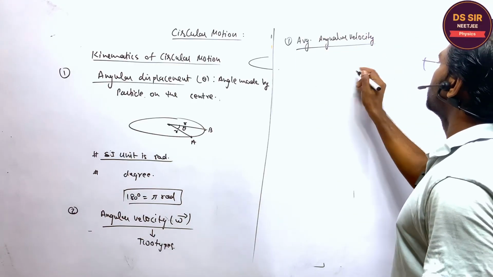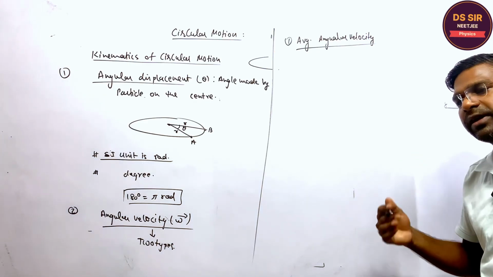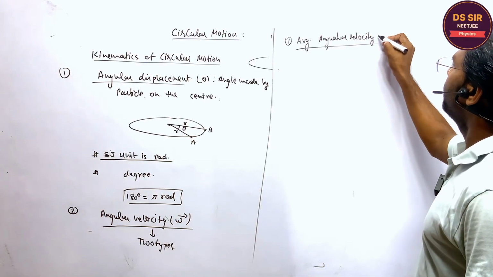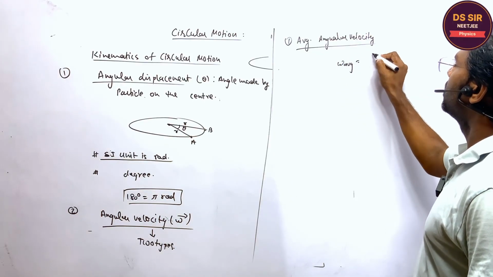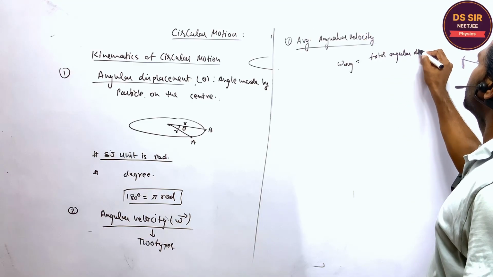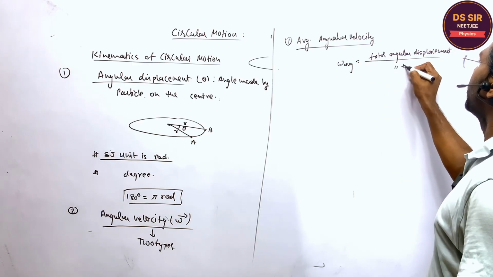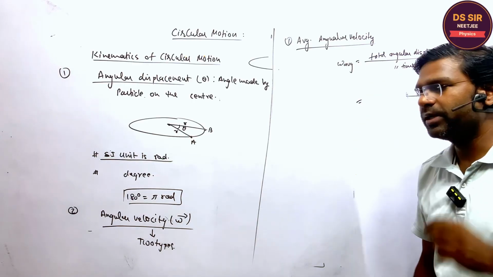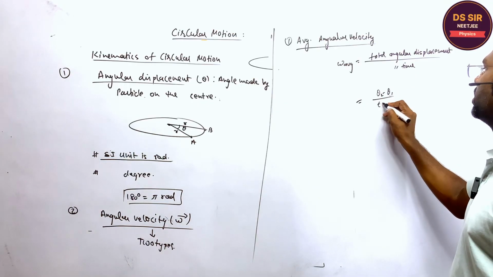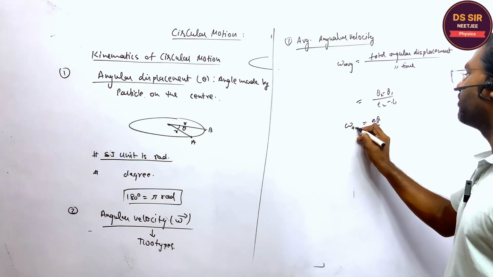In the same way, it is the total angular displacement divided by the total time taken by the particle. The angular displacement is theta 2 minus theta 1, and time is t2 minus t1. It is delta theta upon delta t, and this is the average angular velocity.